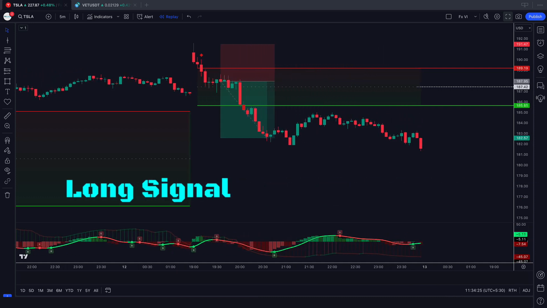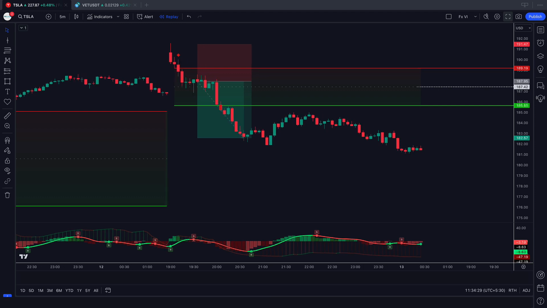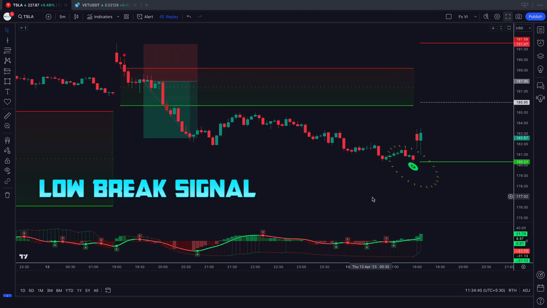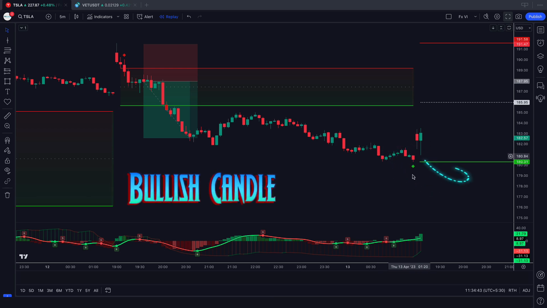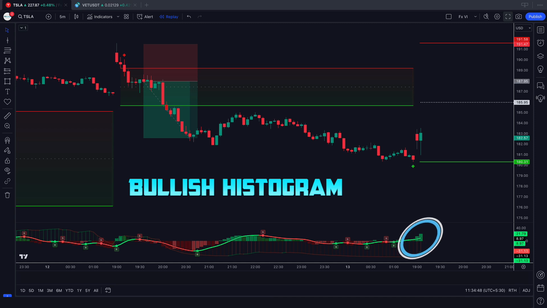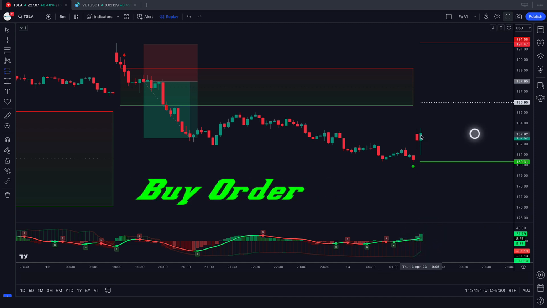Let us now understand the long position. When the market breaks the low of the daily high and low indicator and gives a signal, and the market forms bullish candles, the trend histo bars of the Extender BT indicator should be a bullish histogram. If this condition is fulfilled, then we will place a buy order.